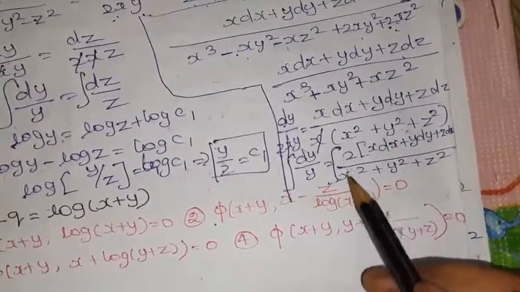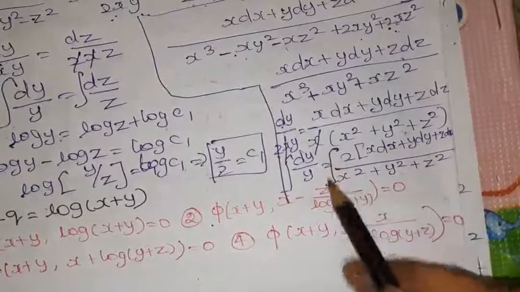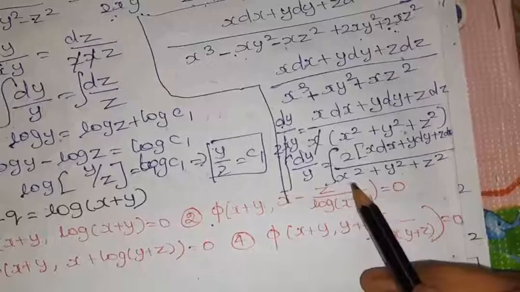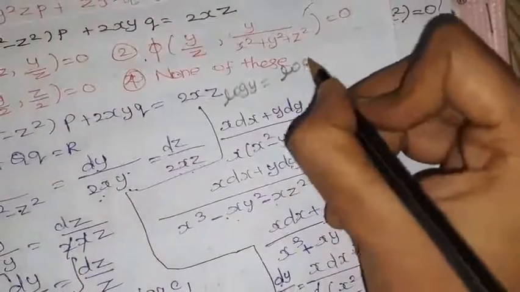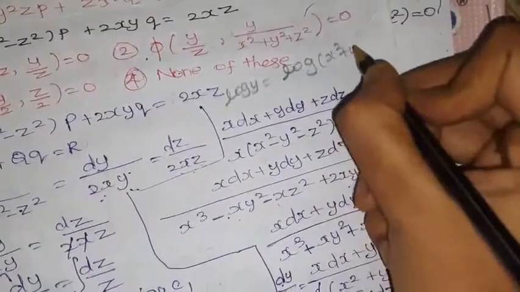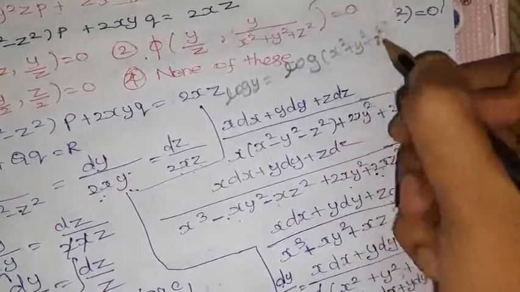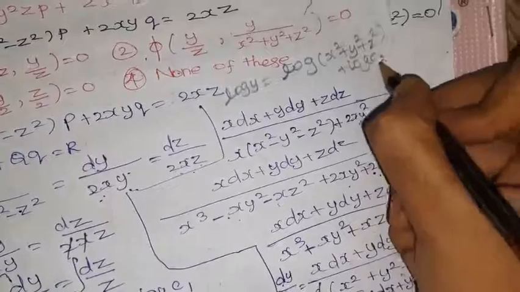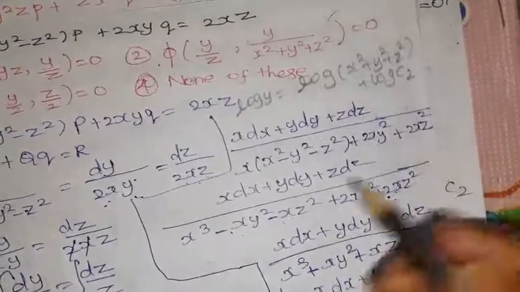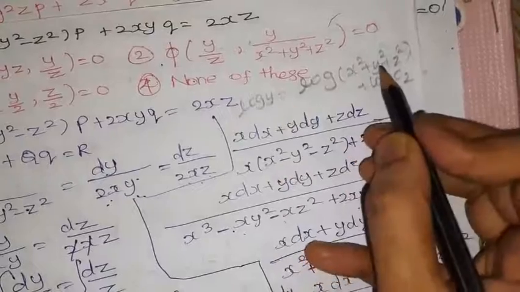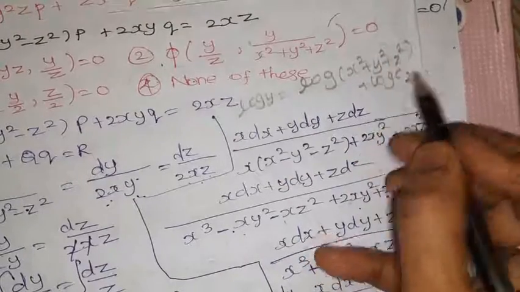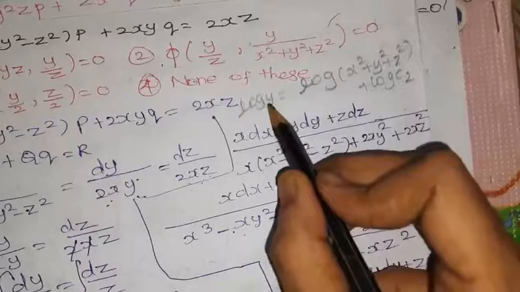So the integration is nothing but log of the denominator, log of x squared plus y squared plus z squared, plus log of c2, right? By solving, we get log y minus log of x squared plus y squared plus z squared equal to log c2.